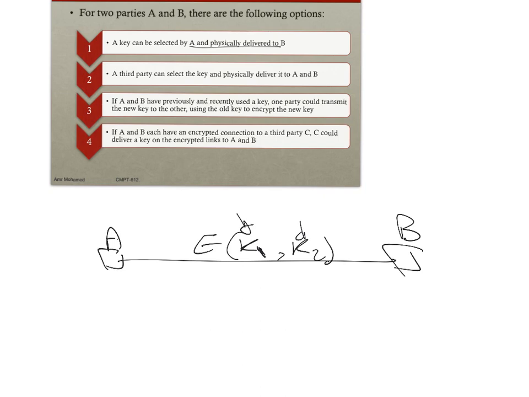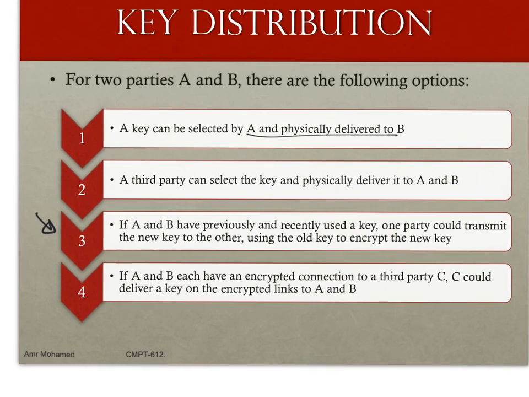Because in 1 hour, there is a very small chance that an attacker can break into this communication and guess that key. Is it clear? So that's the issue with point number 3: if an attacker gets 1 key, that's it. The breaking into the communication will happen from now on.